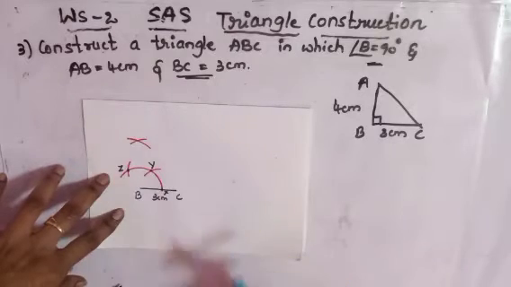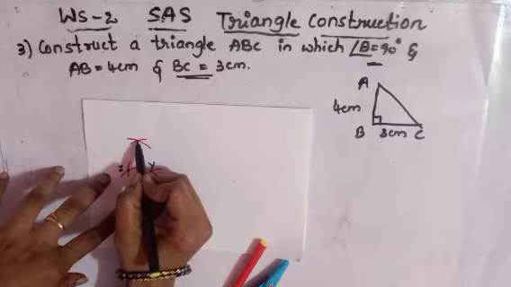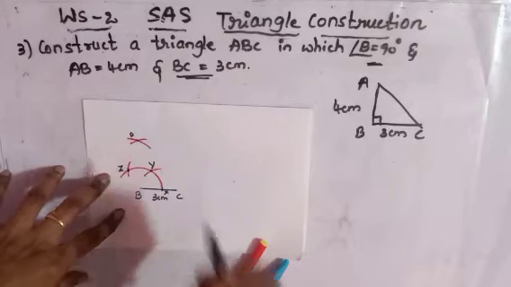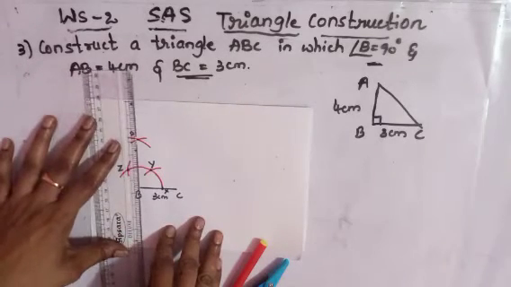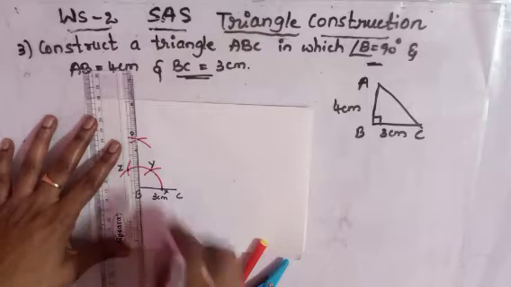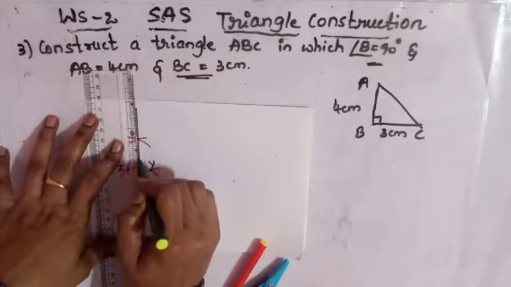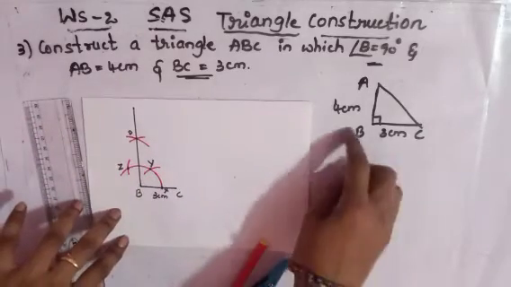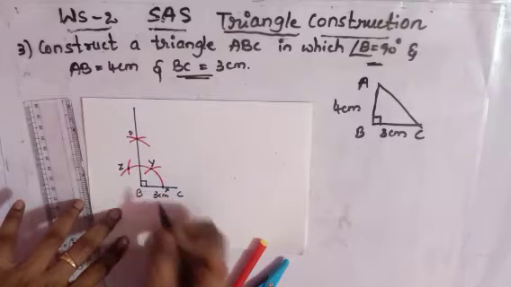Name the point where both arcs intersect as D. Now join BD. Now we got the 90 degree angle. Draw a straight line. Now angle B is 90 degrees.